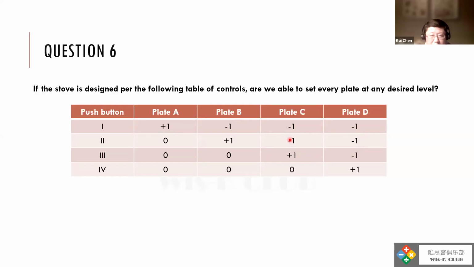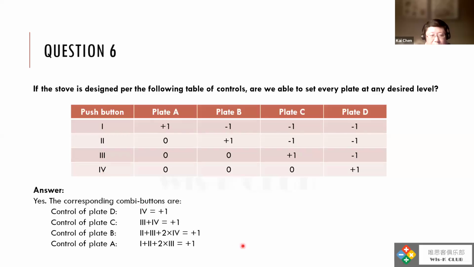Place C, sorry. We just said the combination of 3 and 4 will give the +1 for number C. So basically, what do we have? From D, we can use a single bottom number 4. It will be level up. Place C, combination of 3 and 4. So we have a level up for C.